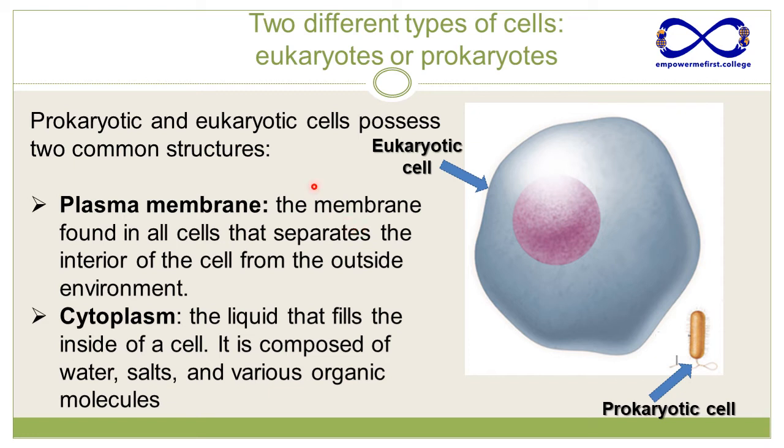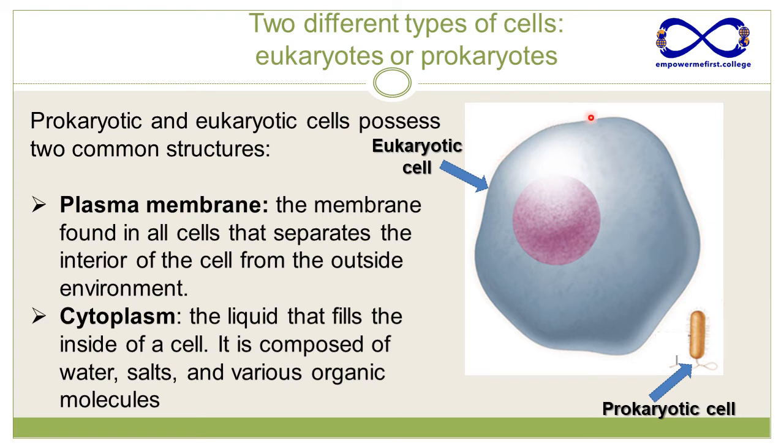And again, prokaryotic and eukaryotic cells possess two common structures. So even though they are different in terms of size and organelles, they possess some common structures. Like for example the plasma membrane, which is a membrane found in all cells that separates the interior part of the cell from the outside. Just have a look at this big, huge eukaryotic cell.